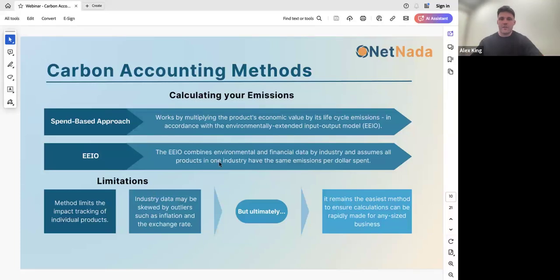This ties into what is called the environmentally extended input-output method, with which we're taking certain inputs and putting them into an emission factor, which is being created generally by large academic bodies. Then it's giving us this output, which is the expected emission factors. We have an example in a second. Now, the spend-based approach is using an input of dollar spend against the emission factor. But this is how scope 3 is largely calculated.